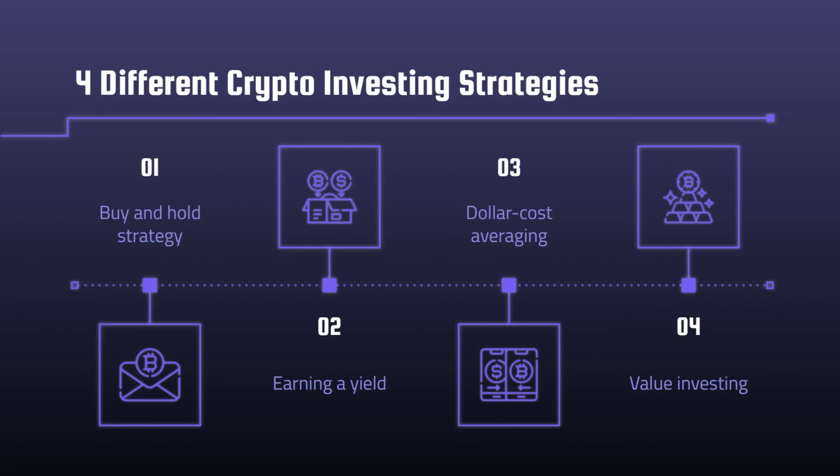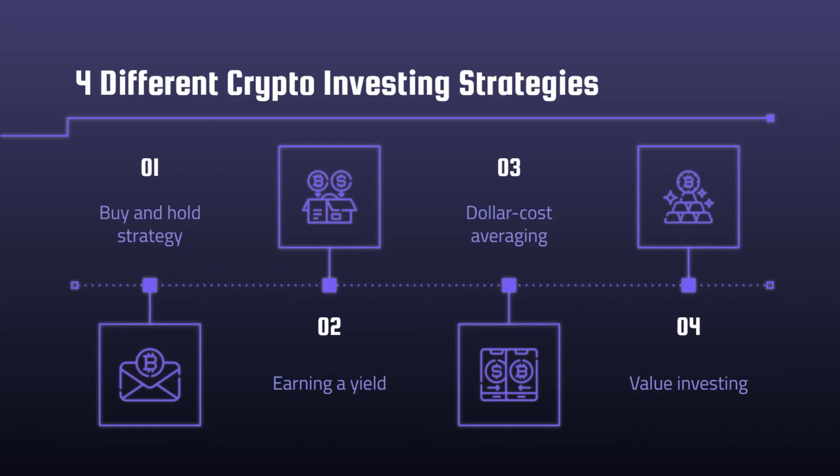Value investing. Value investing is a crypto investing strategy that assumes most assets are undervalued, which means their actual worth is higher than what the assets are trading for. If you have ever heard of investor Warren Buffett, he is the one responsible for making value investing a pretty common investment strategy.